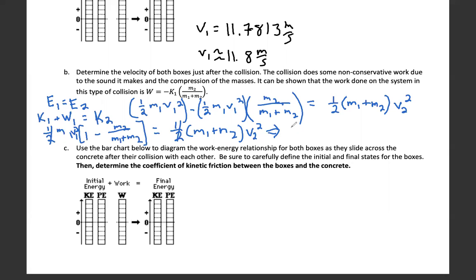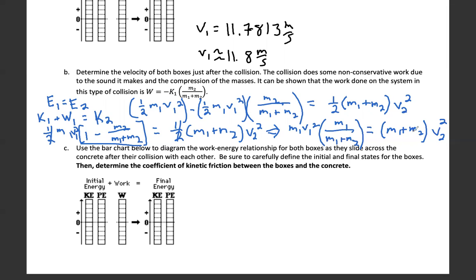So therefore we've got m1 v1 squared times, if we make a like term out of that 1, m1 over m1 plus m2, equals m1 plus m2 times v2 squared.